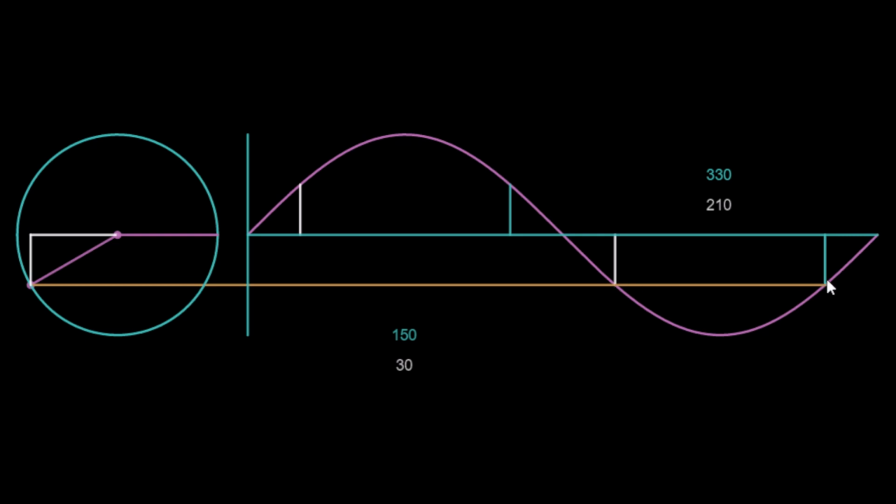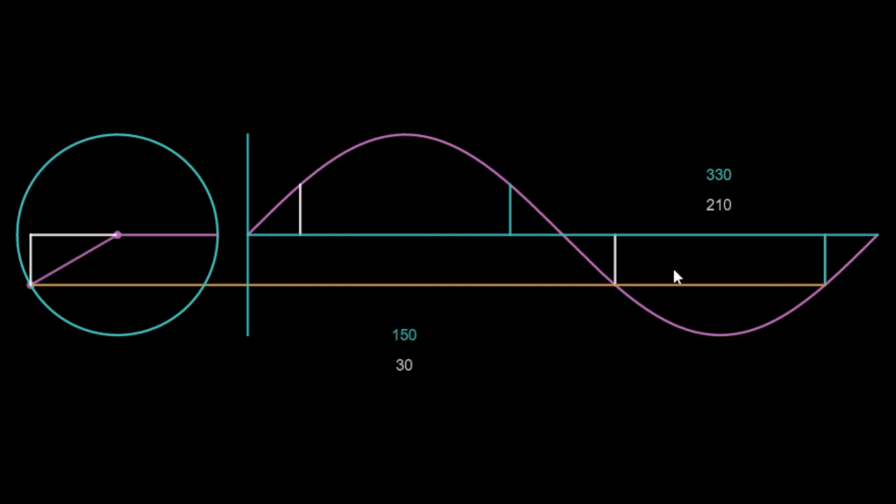So the height of these lines here are going to be the same as the height of the lines here, but one is going to be positive and one is going to be negative. So we can see here that if we were to look at the sine of 210 degrees and the sine of 330 degrees, we would get the same number as the sine of 30 degrees and the sine of 150 degrees. The only difference is that one would be positive and one would be negative.